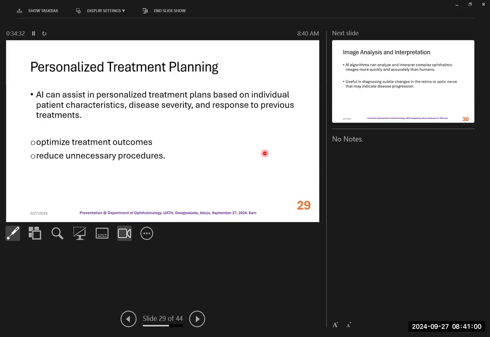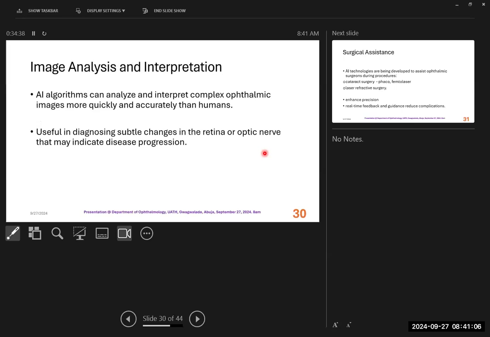So personalized treatment, because you have the patient information, you can personalize and optimize their treatment. Then image analysis and interpretation. Using algorithms, you can analyze and interpret complex ophthalmic images more quickly and accurately than humans.